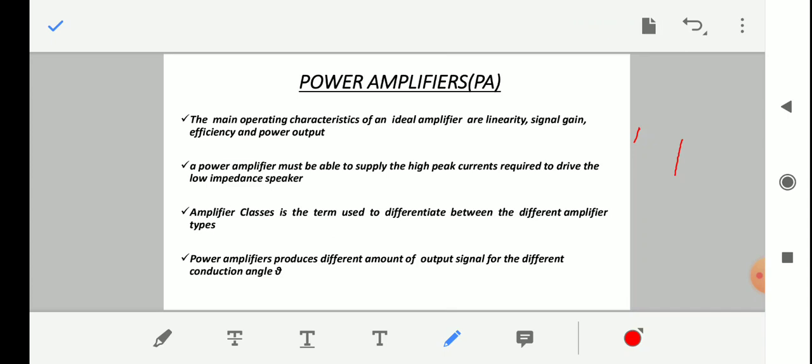So the first question that comes to our mind is whether classic amplifiers and power amplifiers are the same.